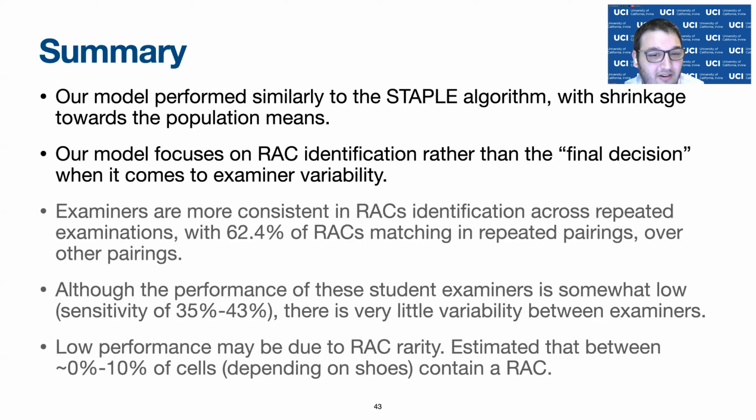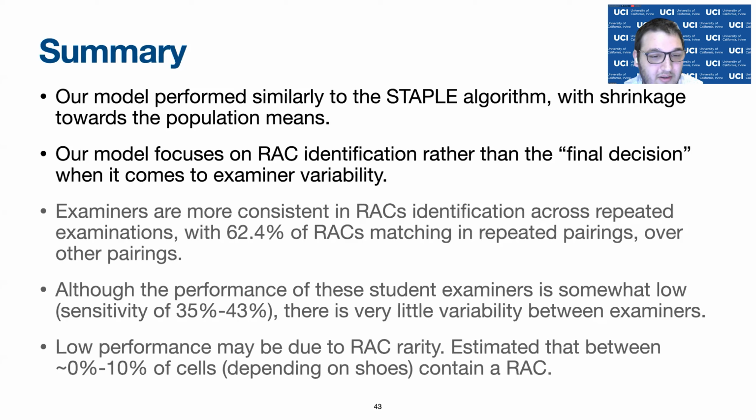Another key summary here about our model is that we're focusing on RAC identification rather than the final decision. In all of this research, we're really trying to see how RAC identification is different across examiners, which hasn't really been done very much.